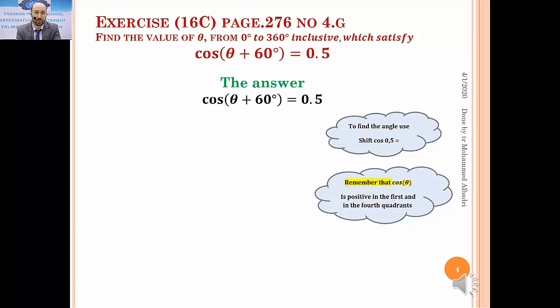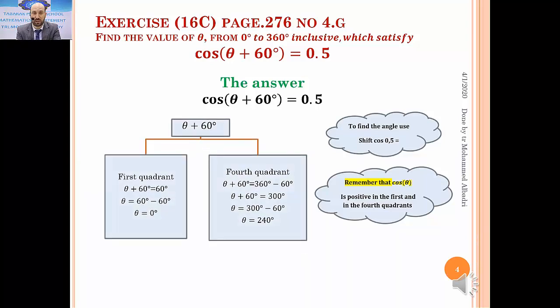In the first quadrant, theta plus 60 equals 60, so theta equals 60 minus 60, so theta equals 0 degrees. In the fourth quadrant, theta plus 60 equals 360 minus 60, so theta plus 60 equals 300, so theta equals 300 minus 60, which equals 240.